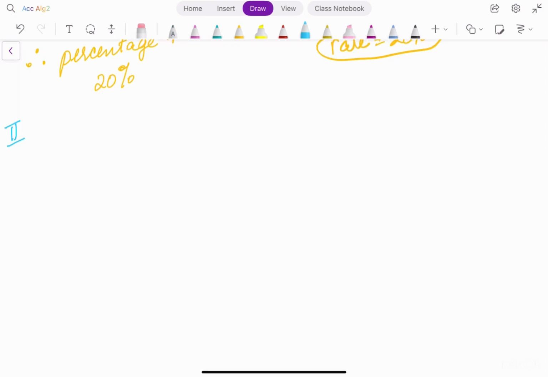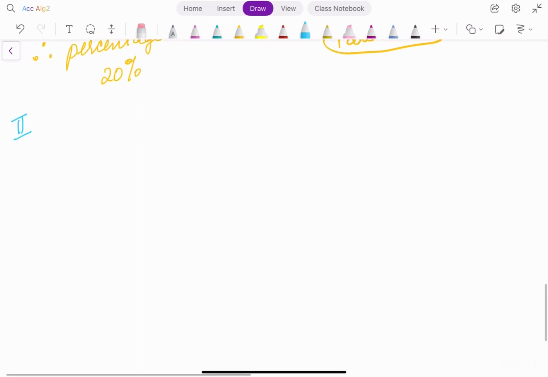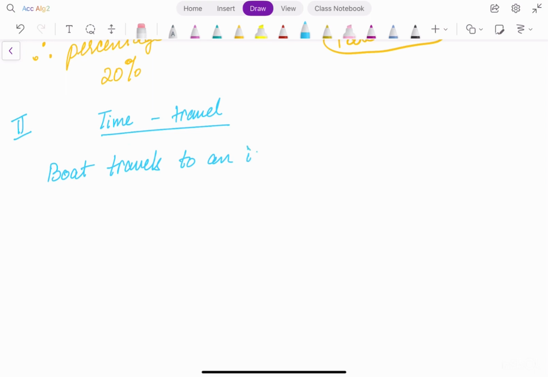The second type of problem will be related to time and travel. Let's take one scenario. We have a boat that travels to an island which is 14 miles away.